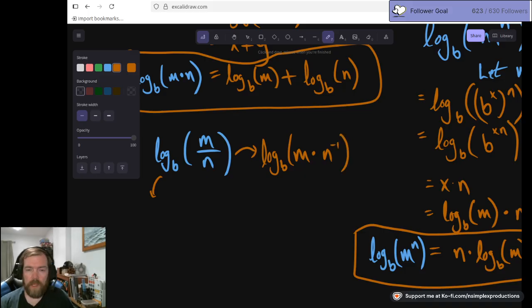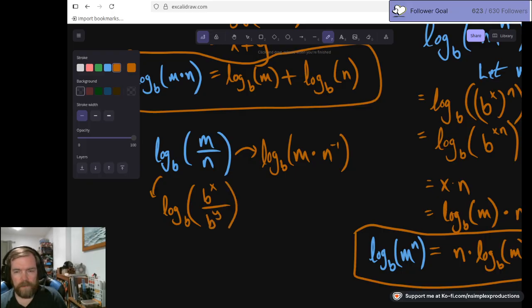Or we could take this as log base b of, use the same m and n as defined up there, b to the x divided by b to the y. Right? Turn them into exponentials of the same base.